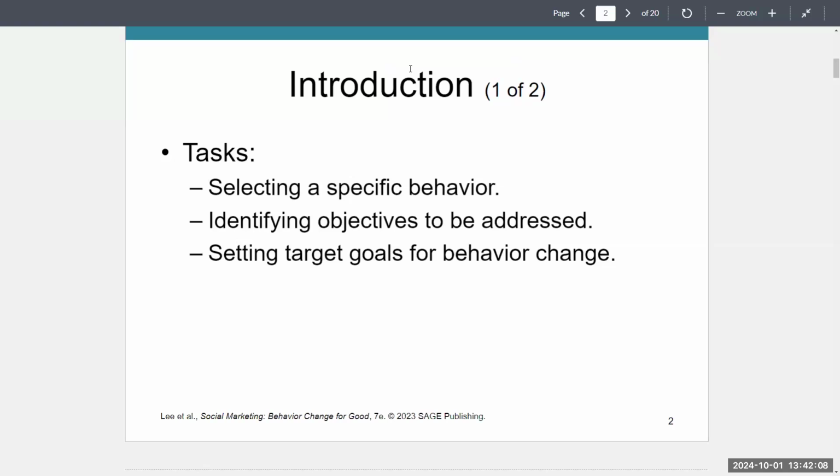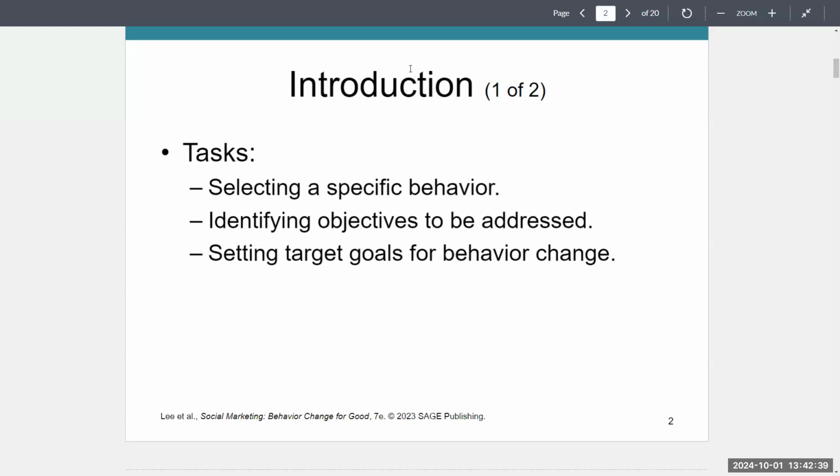So we are going to delve into the essential tasks involved in the social marketing planning process. These tasks form the foundation of our social marketing campaign, and they're really crucial for success. The first thing you need to know is selecting a specific behavior. Here you are identifying which behavior you want to change or aim to influence.